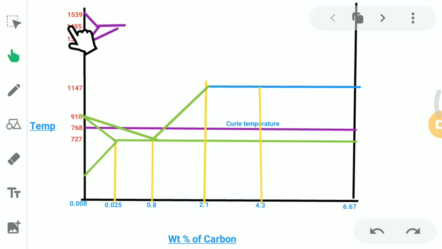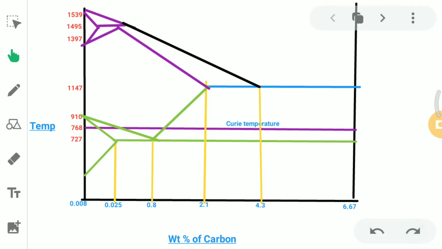Then from 1397 to the middle of this line, you can draw a straight line, and this straight line will be connected to this point. Yeah, this connection was done. And from 1539 to this 4.3, you need to connect these two lines, and this is another line.